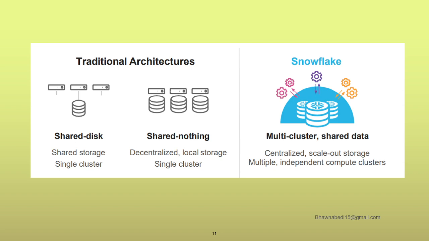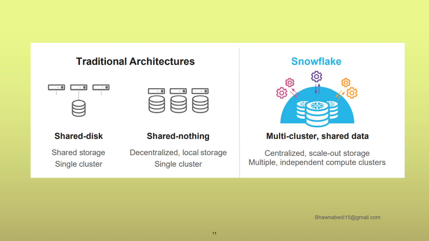Now the point is this was the traditional architecture, but when you come to Snowflake, what happens over here? Now in Snowflake, essentially data is shared, right? You have data shared at a centralized location, and you can scale out the storage as much as you want. You can increase the storage as much as you want.